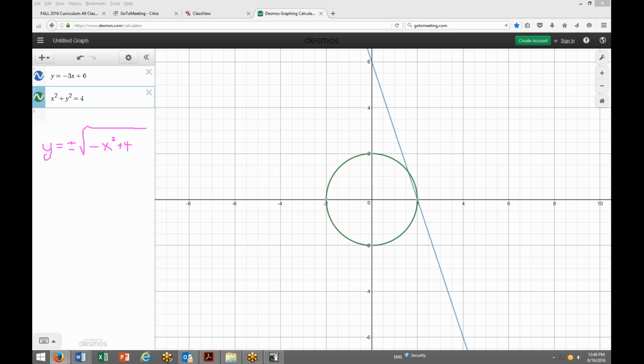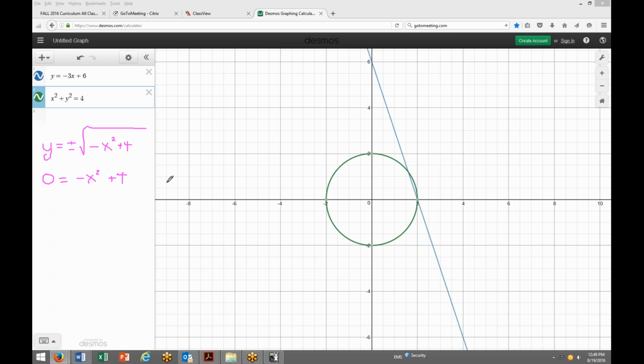And to solve 0 is equal to the square root, we're going to square both sides. And when we square both sides, the plus and minus goes away because a positive squared is positive and a negative squared is positive. So we simply get 0 is equal to negative x squared plus 4.